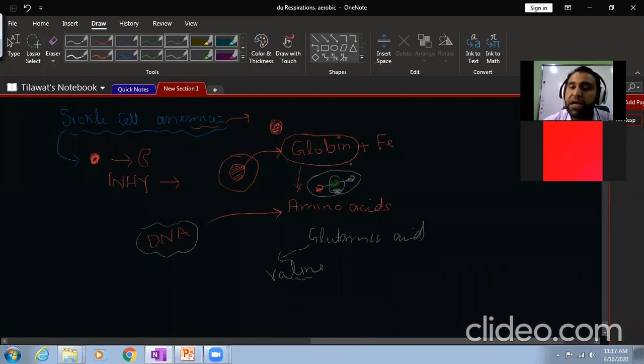Right? And because of that, this hemoglobin, this red blood cell structure will change into sickle shape. Now, when it becomes sickle shape, the gene that codes for it, the normal gene was, for example, I will represent that normal gene by A, right?